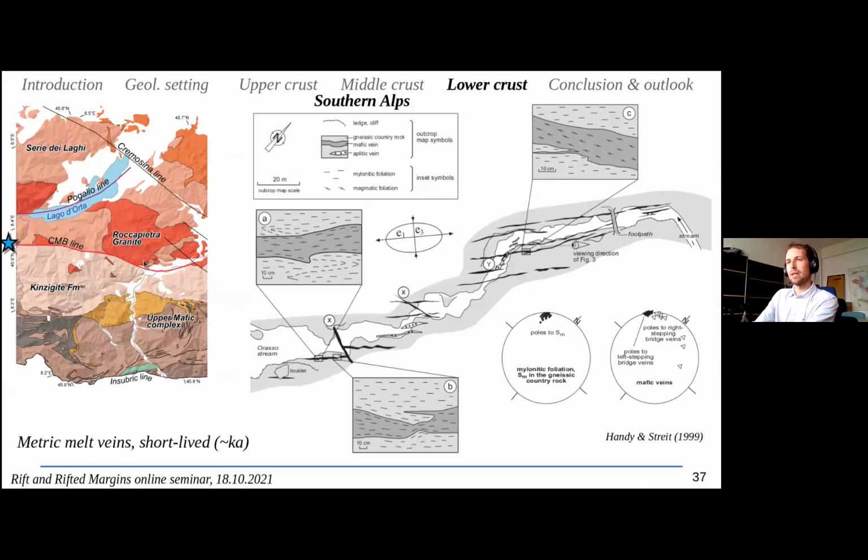And along the CMB line, and this is quite a strong message that I want to highlight, we have also magmatic additions expressed as small veins, but these are really short veins that are really thin. And seeing their thickness, they estimate the magma to be present only kilo years in the system and not present during a long period.